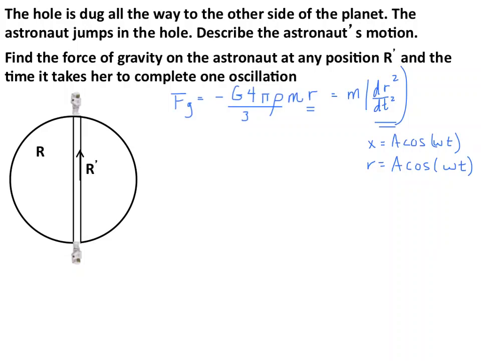We can make this substitution and say that this whole mess times a cosine omega t equals our second derivative of this equation. Again, I'm going to cancel out my m's here. And we're left with negative omega squared a cosine omega t.